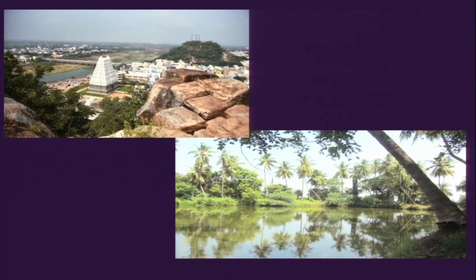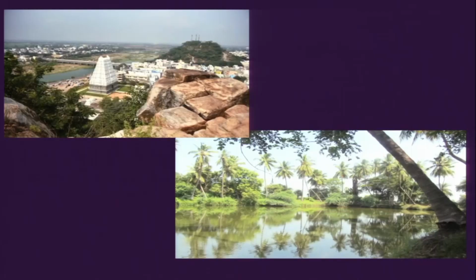And mostly the regions that we are looking at are warm, and there is practically no winter in this region. So we have good sunlight all over the year, and for dyeing activity, sunlight is very important.